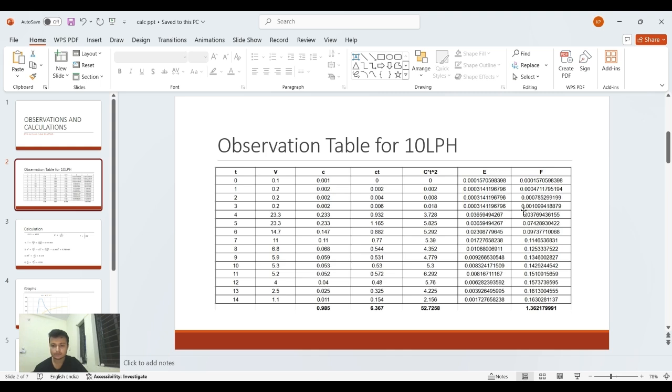Similarly for fourth, four values. For fifth, five values. Similarly for the rest of the readings, we can get F.